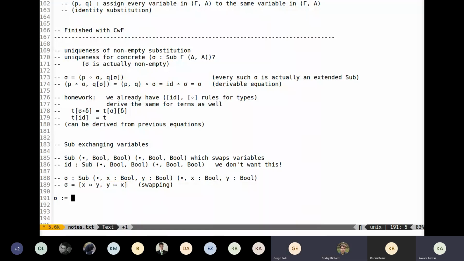So formally, it has to be epsilon, comma something, comma something. This is the formal notation for this list, which has two elements. Now we have to write something here.